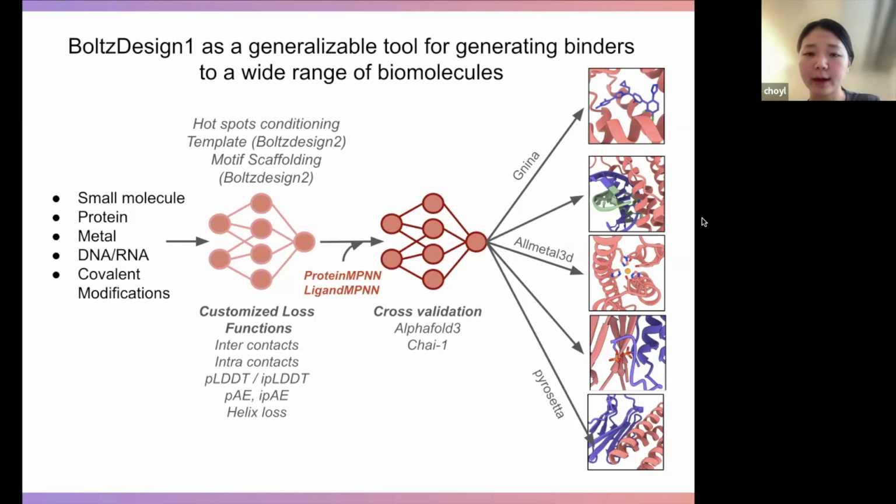For AllMetal3D, you definitely know that for a specific metal you need tetrahedral or six coordination numbers, so I check whether our designs satisfy that coordination. It's just to check the coordination.